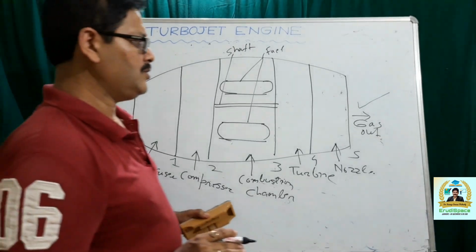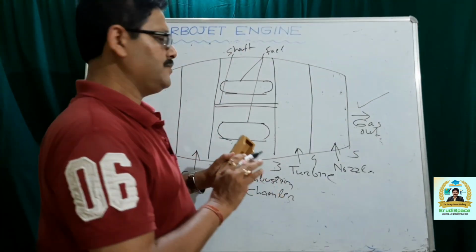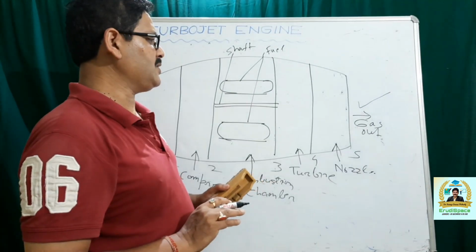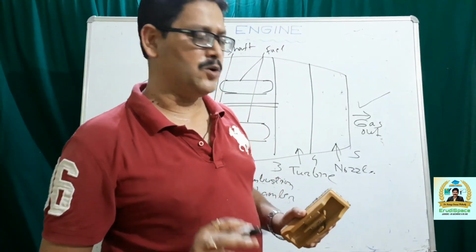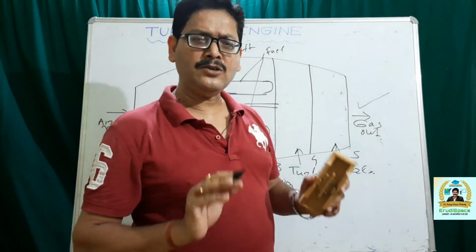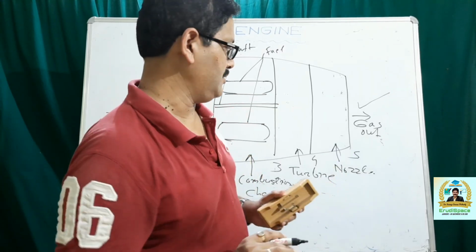I have already told you while discussing the principle of jet propulsion that it works on Newton's third law of motion. According to Newton's third law of motion, every action has an equal and opposite reaction.